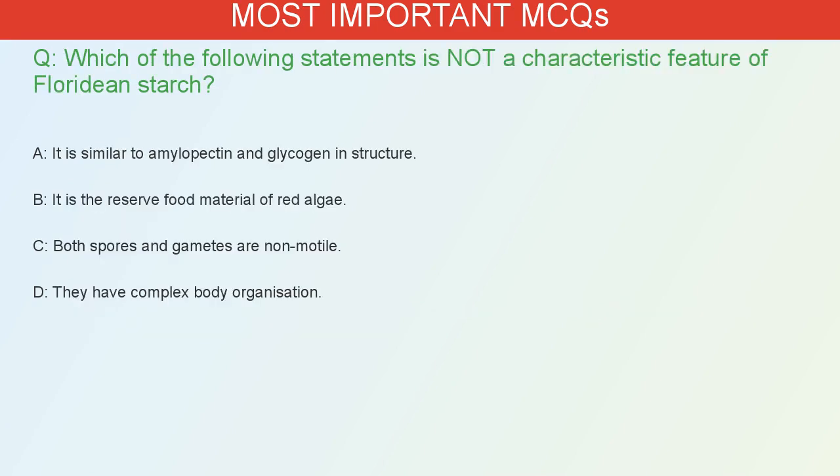Which of the following statements is not a characteristic feature of floridean starch? A. It is similar to amylopectin and glycogen in structure. B. It is the reserve food material of red algae. C. Both spores and gametes are non-motile. D. They have complex body organization.